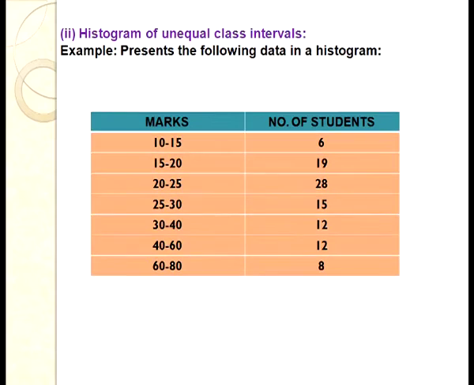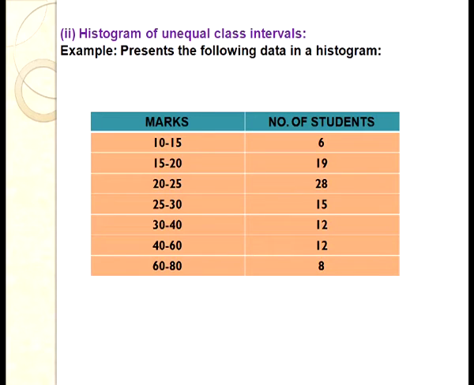Now students, we are going to discuss histogram in case of unequal class intervals. Let's analyze the data first. Here we can see the marks 10 to 15, 15 to 20, 20 to 25, 25 to 30. The class interval gap is 5.